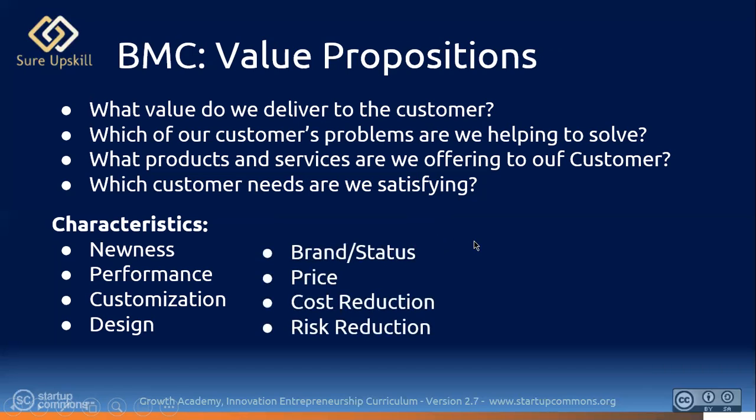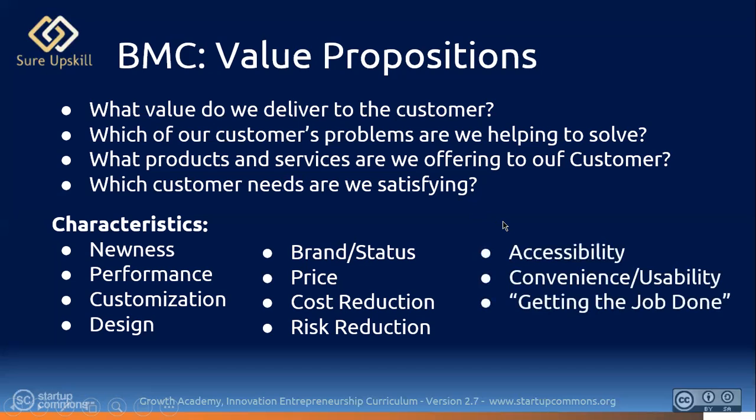And then you have brand status that you offer, the price, cost reductions, risk reduction. All this must go into the design that you make when you have answered about 4 questions. So these are the characteristics which you must look for in the model that you finally create.